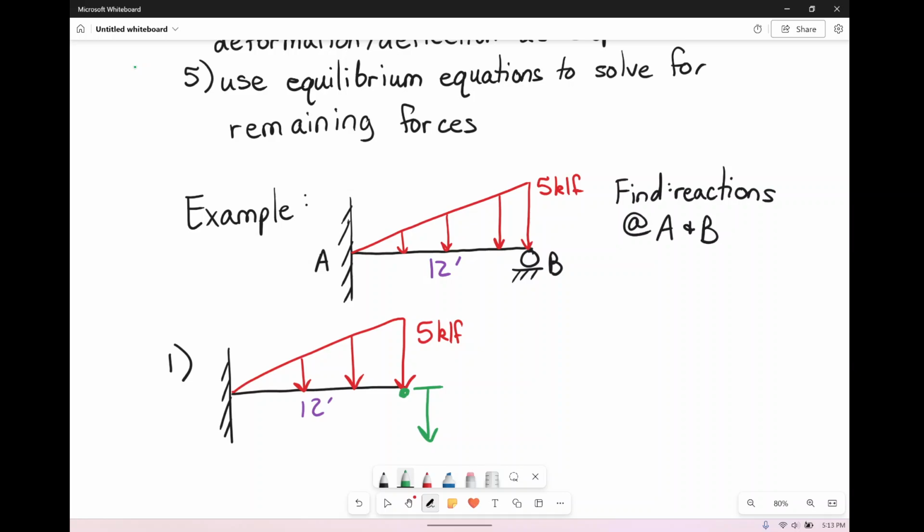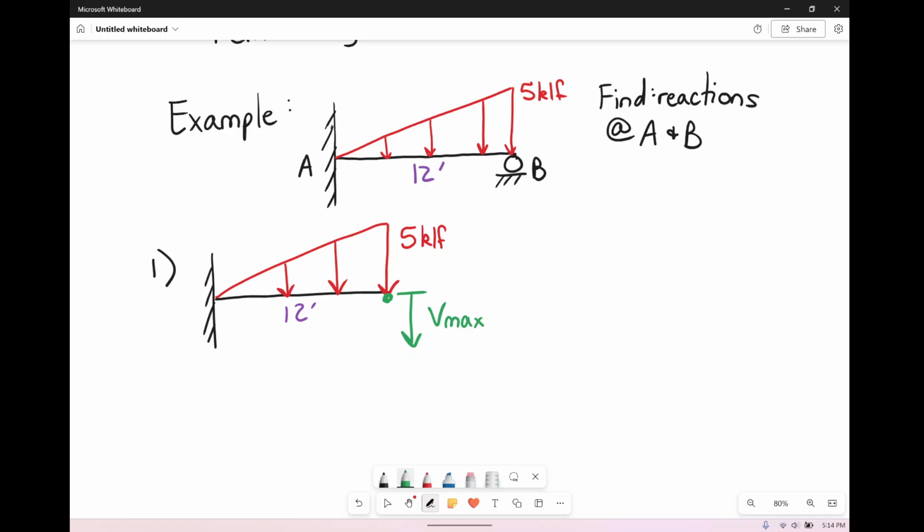Conveniently, when I go to the back of the book and I use the appendix, this is usually going to be Vmax. However, when you go to the appendix, you realize that that's not a loading situation that you have. So we got to get creative, right? In order to use the ones in the back, we got to get real creative with what we're looking at. So we're going to use superposition to try and create this loading situation.